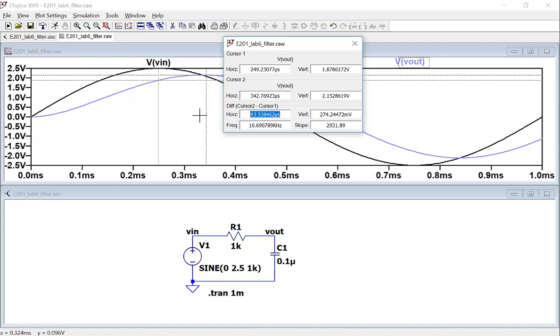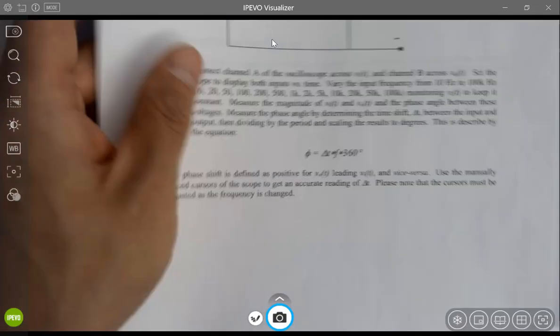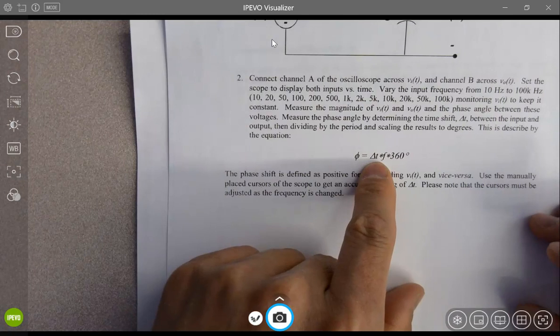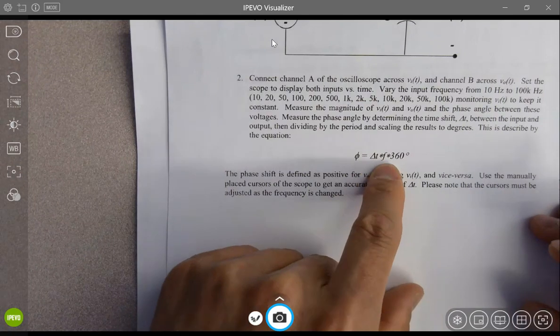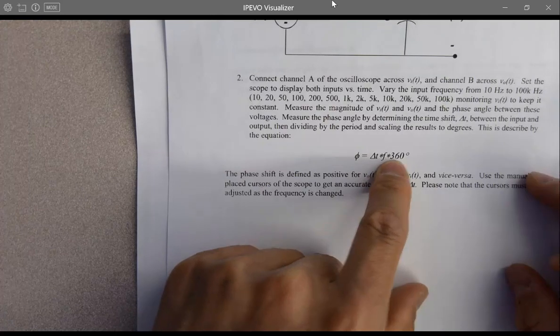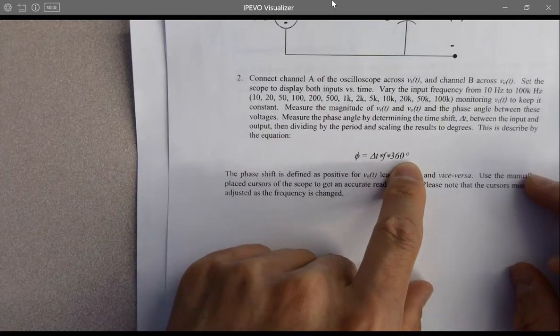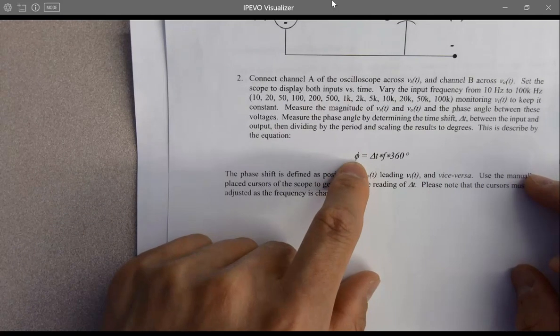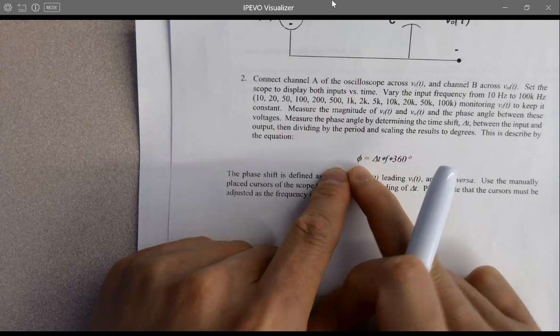So that's delta T. And if you look at the instruction manual here, if you got delta T, you times the frequency, which is the frequency you set up, right? And times 360 degrees, you are getting the phase shift, phi here.